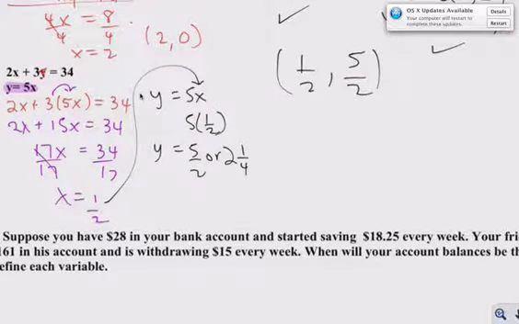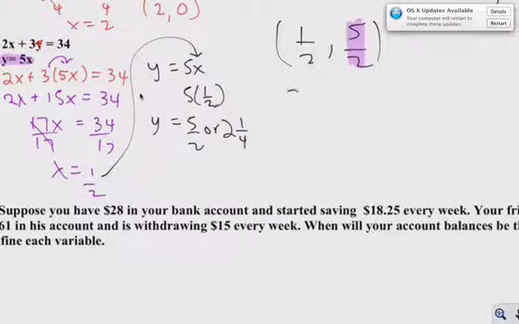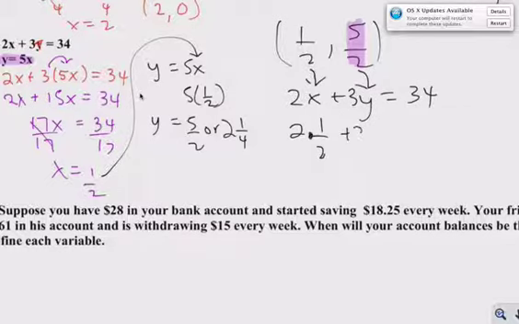There's a reason why I leave this as an improper fraction, because when you check, you get 2x plus 3y equals 34, and it's easier to use an improper fraction. 2 times 1/2 plus 3 times 5 over 2 equals 34. That doesn't look right.